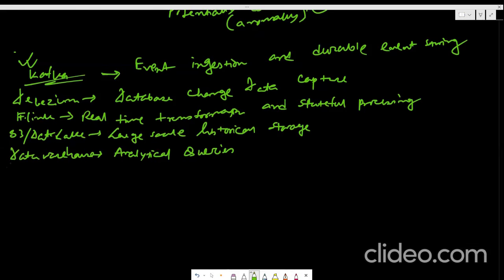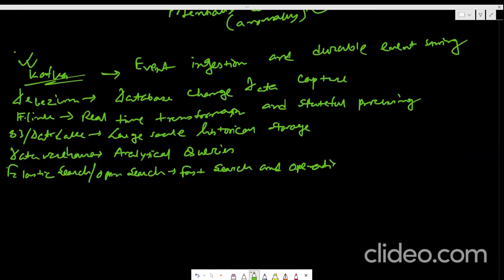And next, we have also talked about Elasticsearch or OpenSearch, for fast search and some operational dashboards. So that kind of thing.